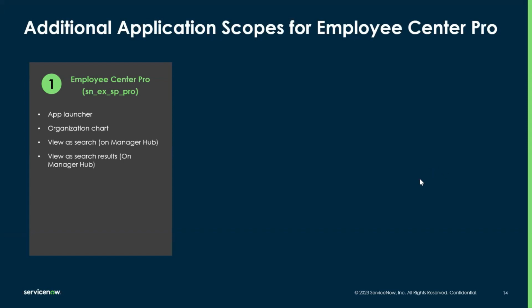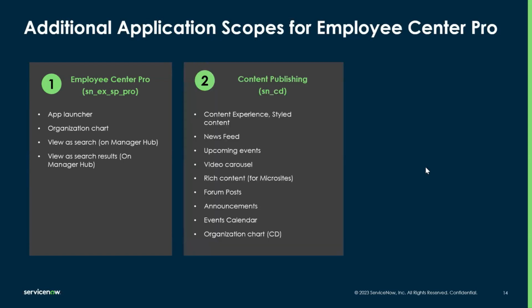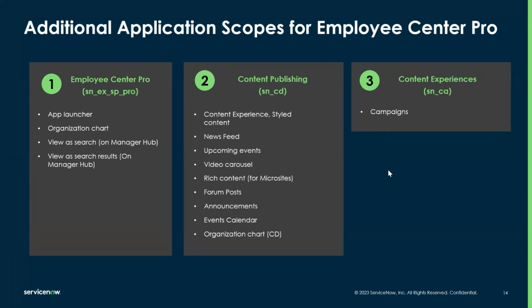Now, Employee Center Pro has a really strong set of applications as its dependency, and these are all the applications that feed into the employee communication space. Content publishing and content experiences are one of the main ones.